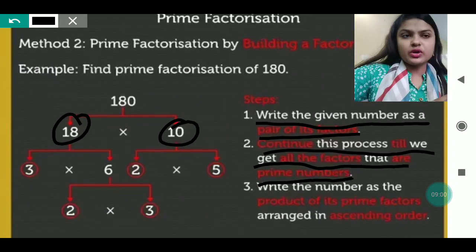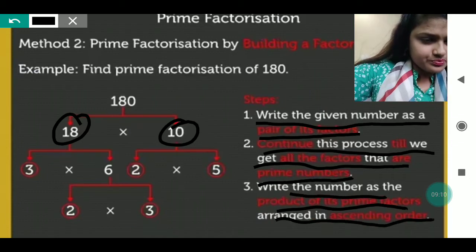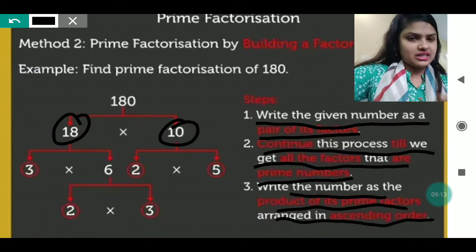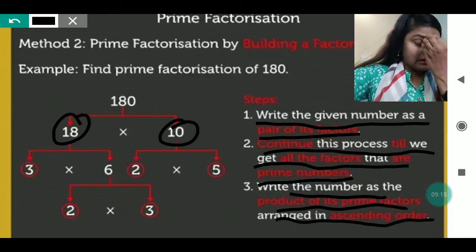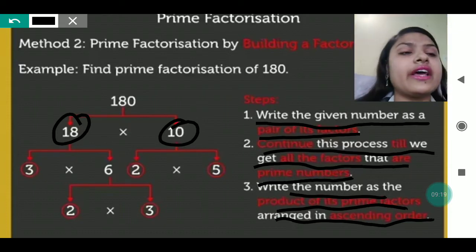You have to continue till you finally get a prime number. Now write the number as the product of the prime numbers arranged in ascending order. After that you have just written according to the factor tree you built.